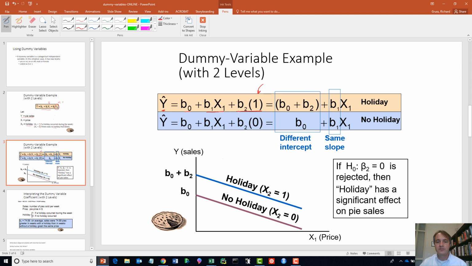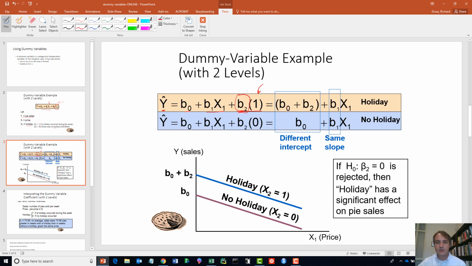So it's just multiplying this estimate by 1, okay? So if that's the case, then we don't really need to even put x2 in there because it's just going to be a 1. And so this just winds up being a constant term.